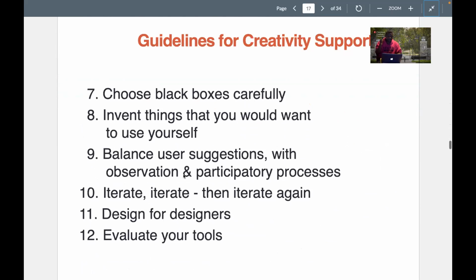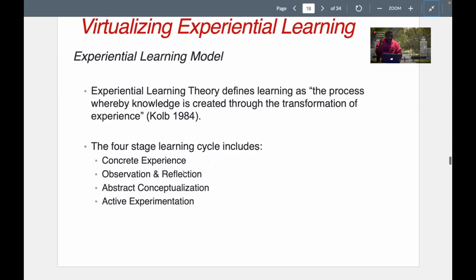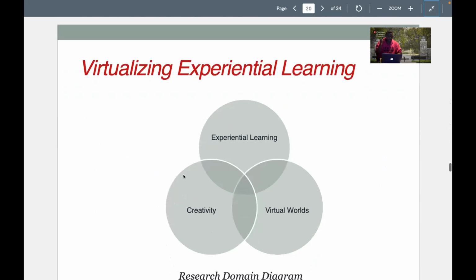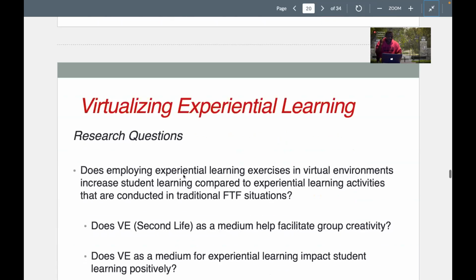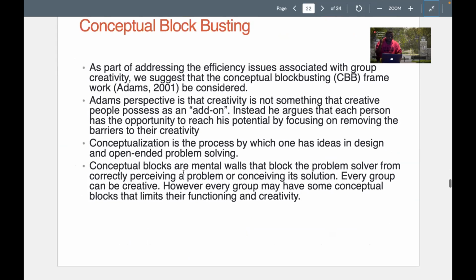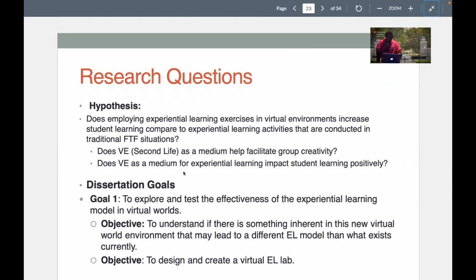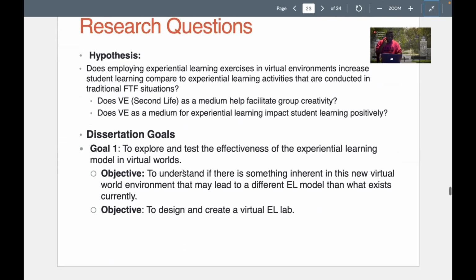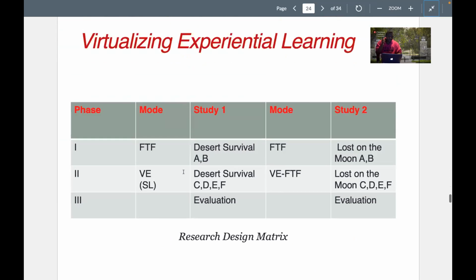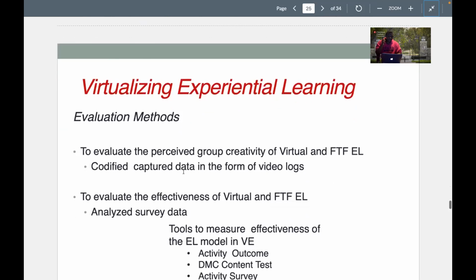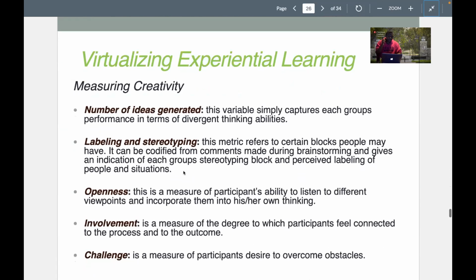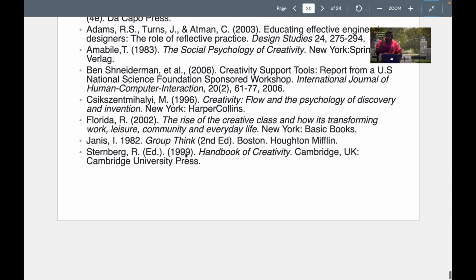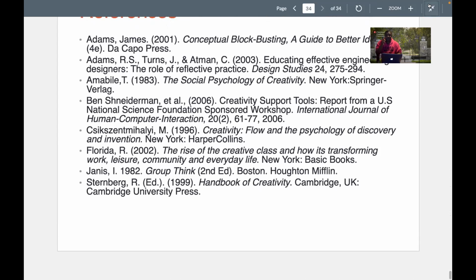We have a lot of guidelines: group creativity model, visualizing experiential learning, experiential creativity, visual worlds, conceptual blockbusting, research hypotheses, dissertation goals, visualizing experiment. This is a dissertation from one of our students. And that's all. You can read more.